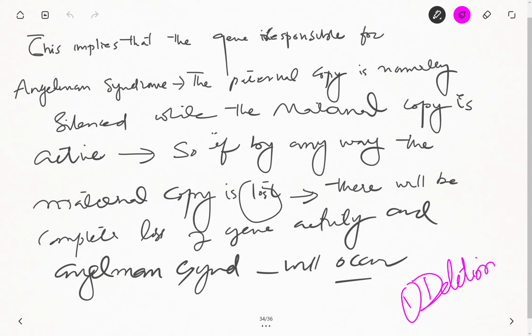What does this mean? This implies that for the gene responsible for Angelman syndrome, the paternal copy is normally silenced in individuals while the maternal copy is active. So what happens if the maternal copy is lost?